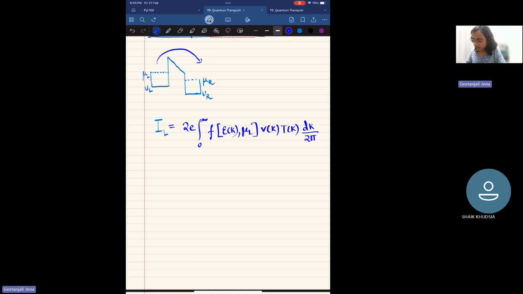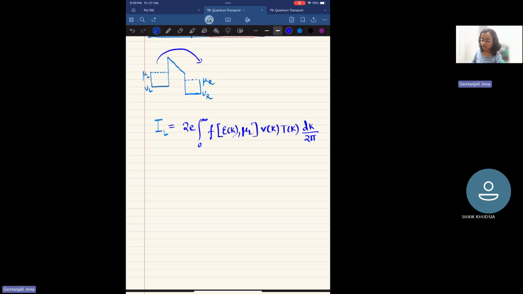So this is in the k space, but we are more interested in what is happening in the energy space, because we are varying the voltage, right? So we are directly varying the energy of the source and drain. So for that, we try to relate dk with dE and substitute dk with dE.